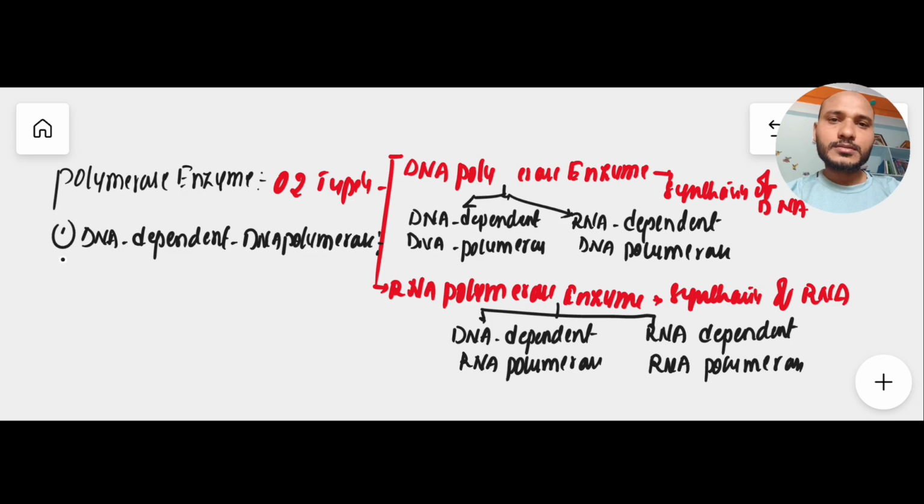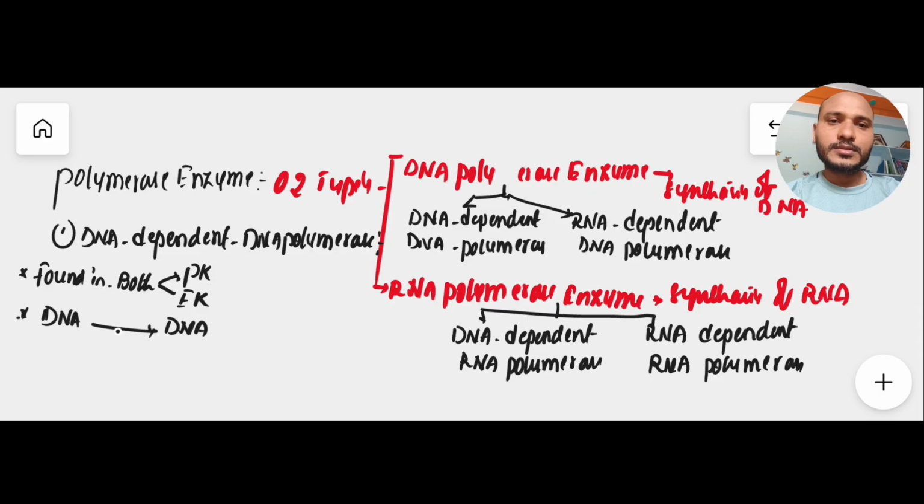So this DNA dependent DNA polymerase is generally found in both organisms, like prokaryotic organisms and eukaryotic organisms. It helps in the synthesis of DNA from DNA.